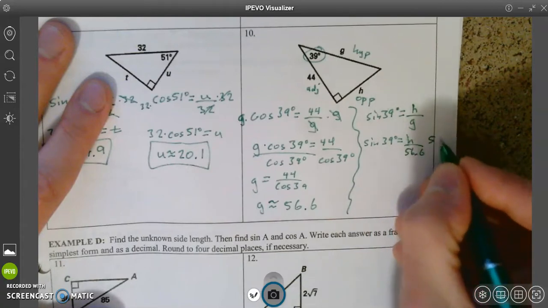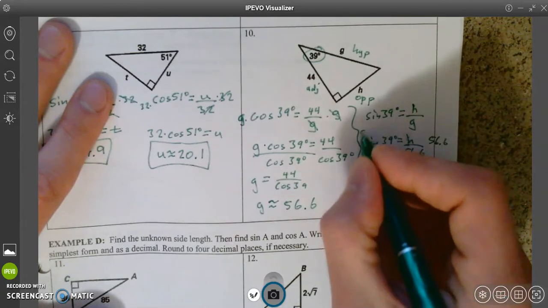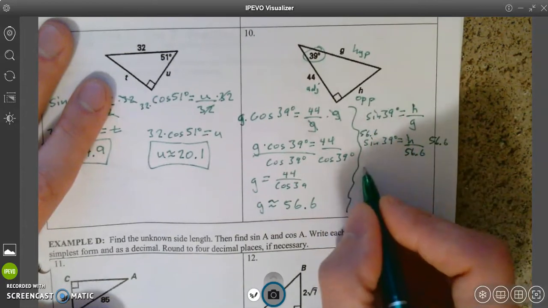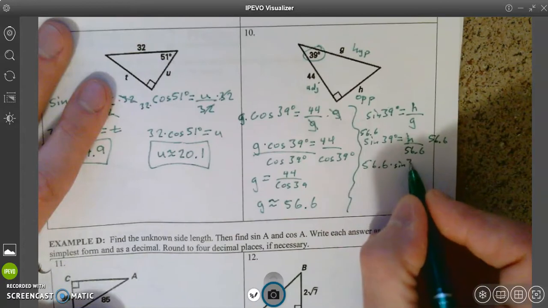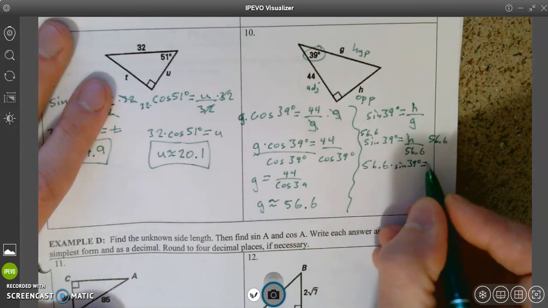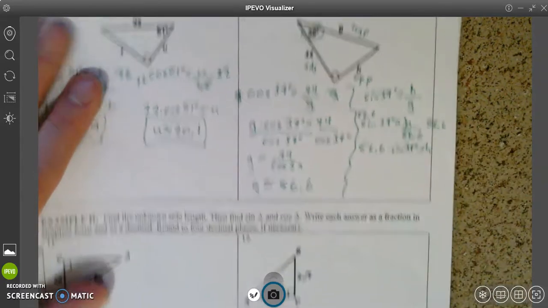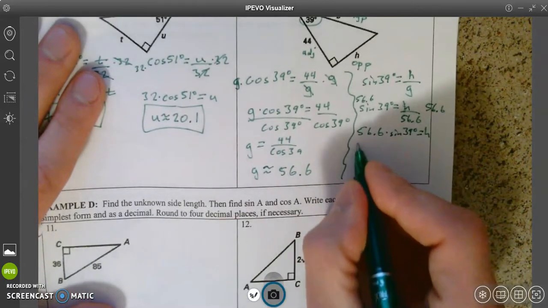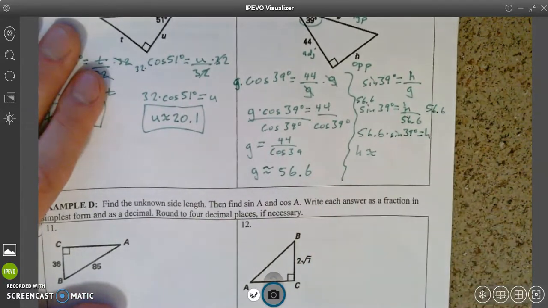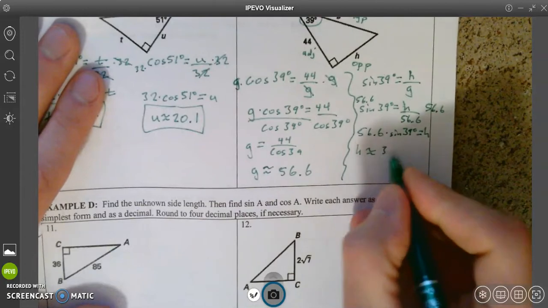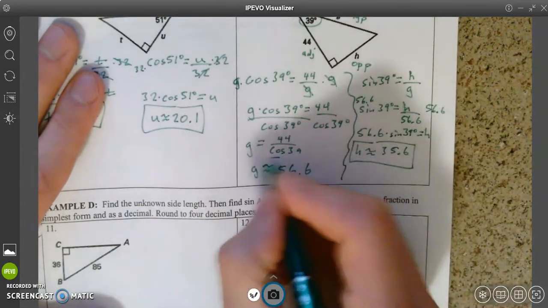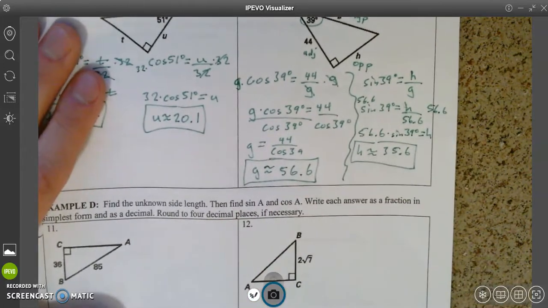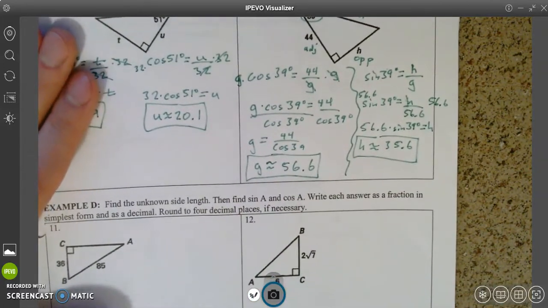Multiply by 56.6 on both sides. I get 56.6 times sine of 39 degrees is equal to h. So h is approximately equal to 35.6. You should verify these in your calculator to make sure you're doing them correctly as you're plugging them in, just to make sure you get the right response.